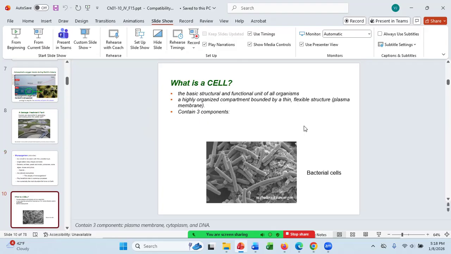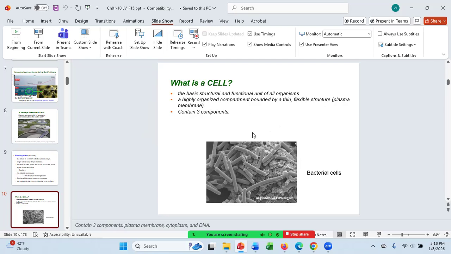So what is a cell? I've already talked about cells, but let's talk about what a cell is. The cell is the basic structural and functional unit of all organisms. A cell is a highly organized compartment bounded by a thin, flexible membrane that we call the plasma membrane or the cell membrane. Those two terms mean the same thing.